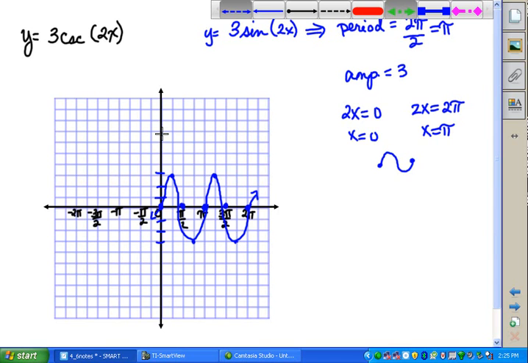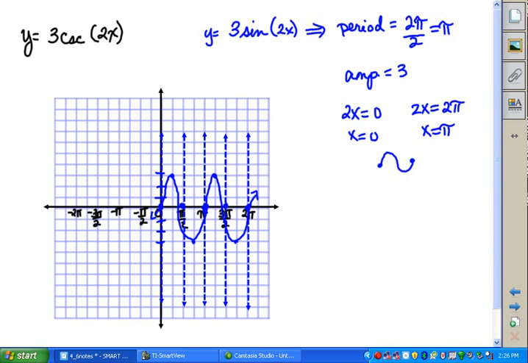So we're going to have one at 0, at pi over 2, at pi, 3 pi over 2, and 2 pi. So remember what we talked about before with this. Sine of 2x tells me that it's going to make 2 full cycles of sine in between 0 and 2 pi, which is exactly what we see happening here.